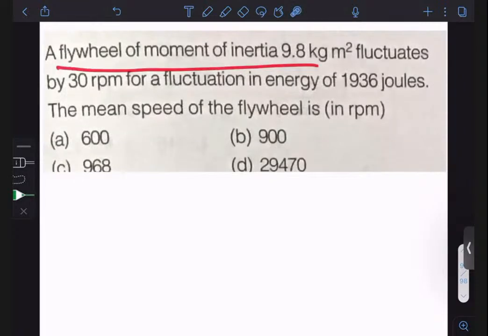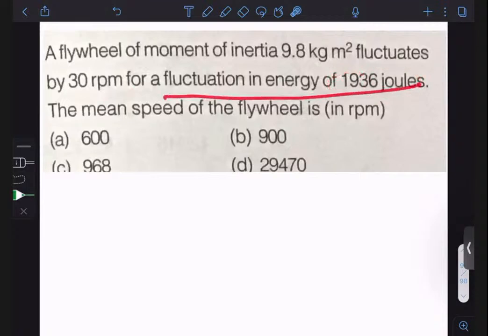A flywheel of moment of inertia 9.8 kg meter square fluctuates by 30 rpm for a fluctuation in energy of, so here fluctuation in energy is given, delta E is given to you, right?